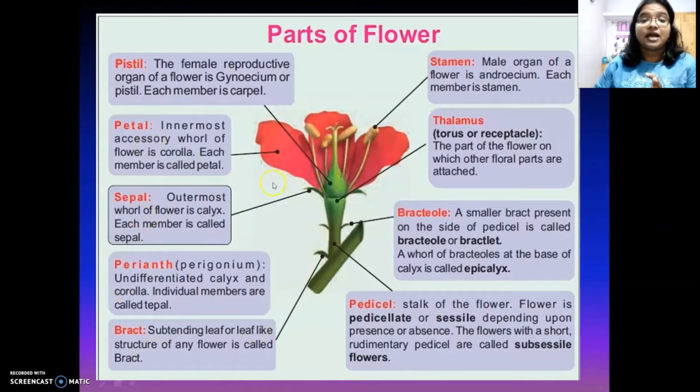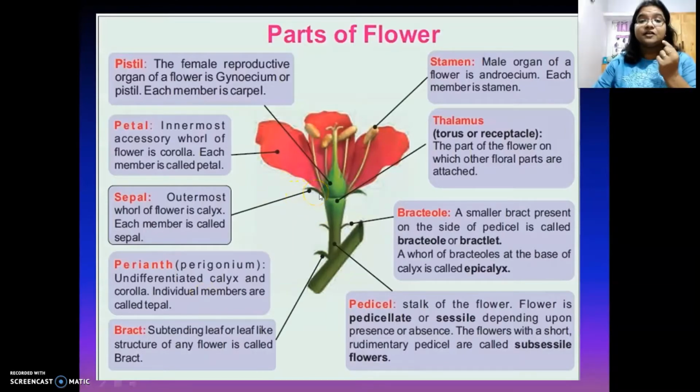Coming to the other details of the flower, in most flowers you could see four whorls. The outer, green colored one, you know, is made up of sepals. See, this is the sepal.